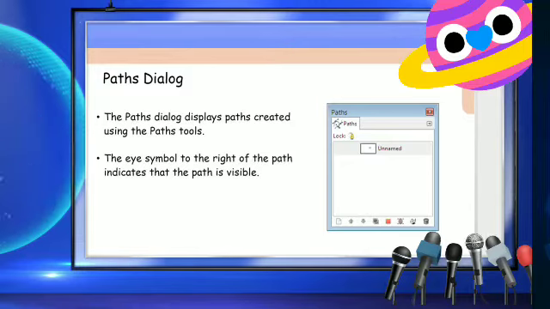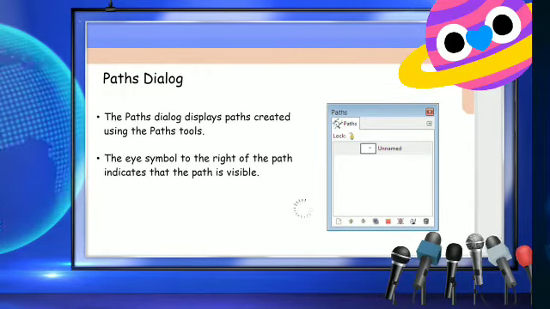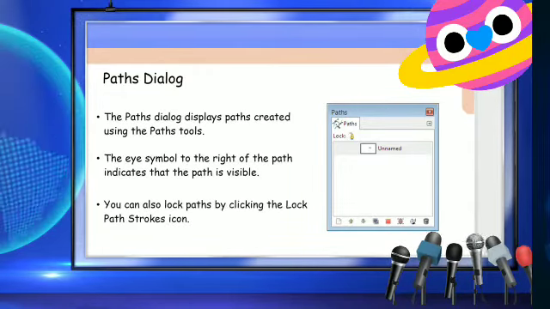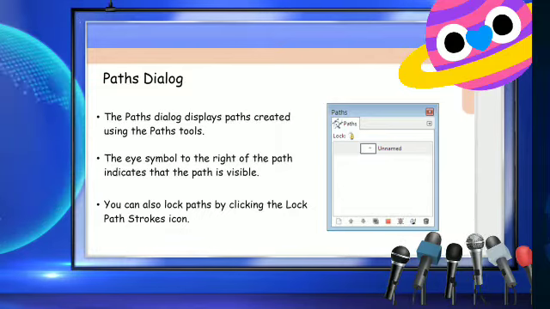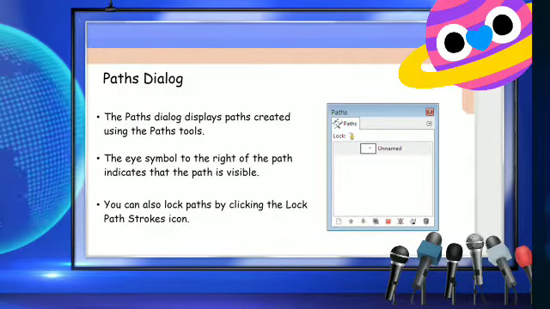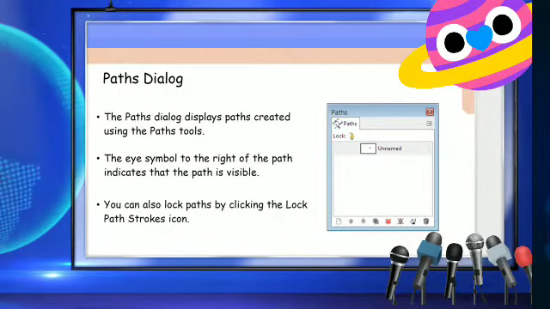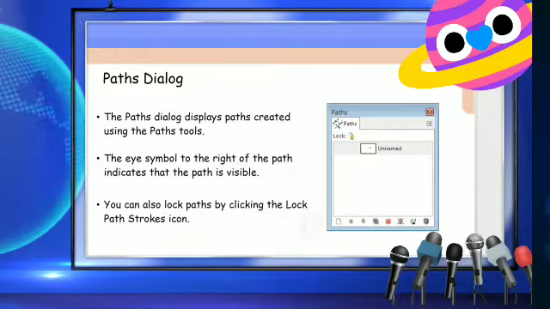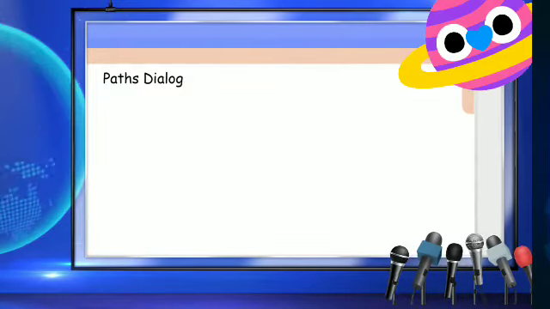If you want to make your path visible, or activate or deactivate it, you need to click on the eye symbol. You can also lock paths by clicking the lock path strokes icon. Have you seen this eye symbol? Click on it and activate your option.